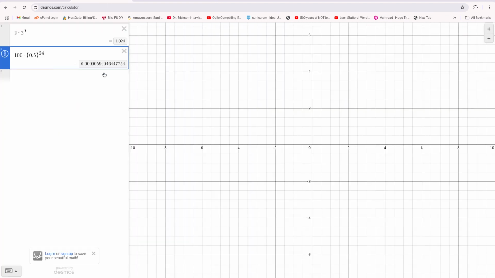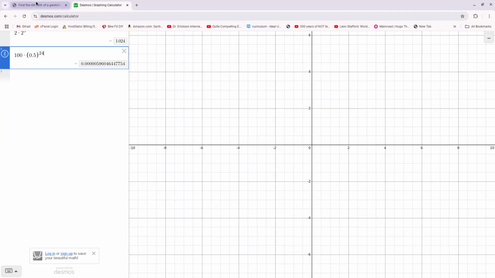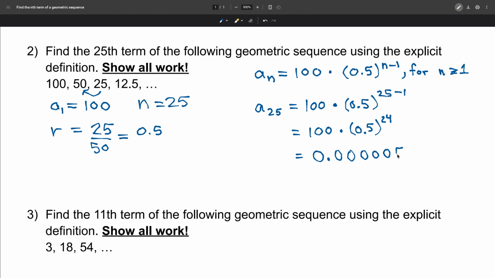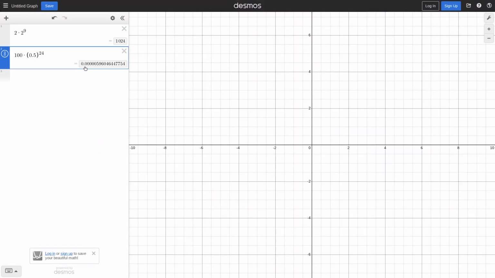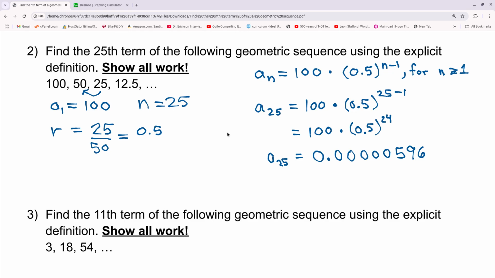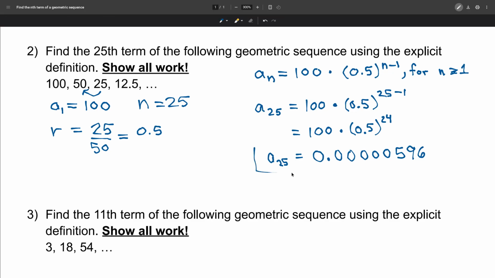I get 596. All right, and so that's the value of our 25th term. Let me just check that, make sure I got that right. 1, 2, 3, 4, 5, 596. Okay. All right, there we go. So that's our answer for the second one.